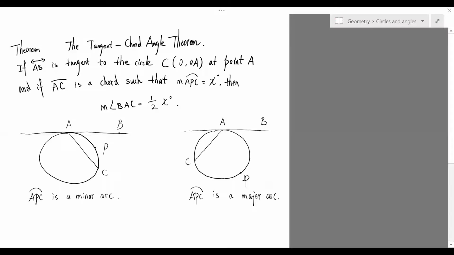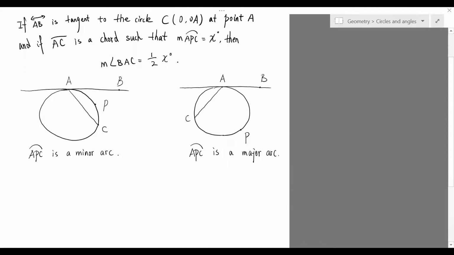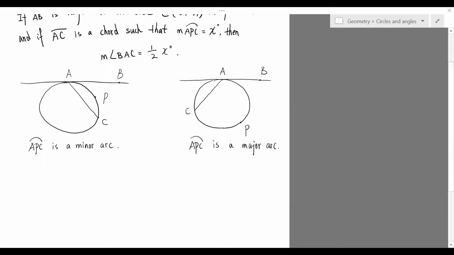On the other hand, we will be considering the second scenario in which the arc APC is a major arc, namely an arc that is greater than a semicircle. The proof of these two scenarios turns out to be rather similar. So let's try to look at the idea here.